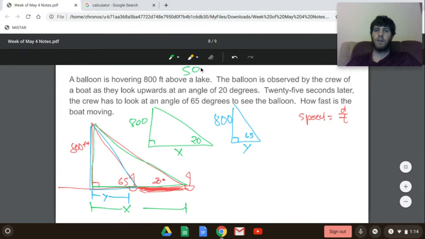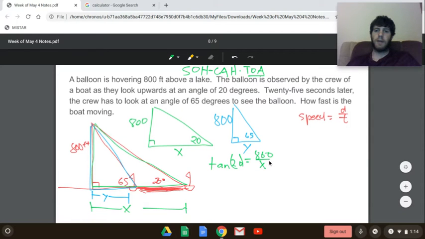SOHCAHTOA. Okay, so we have opposite and adjacent, that's going to be TOA, so tangent. So we have tangent of 20 degrees equals opposite over adjacent, so that's 800 over x.